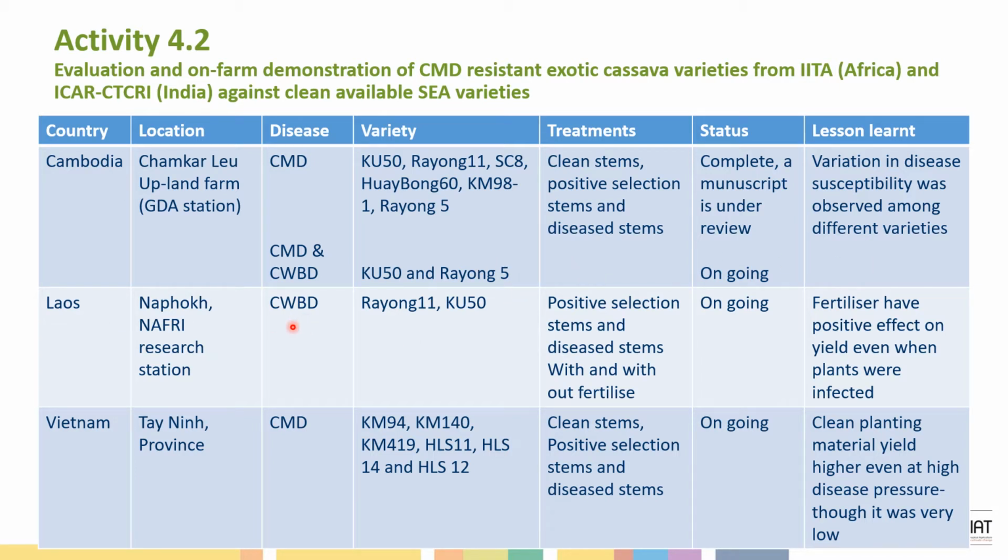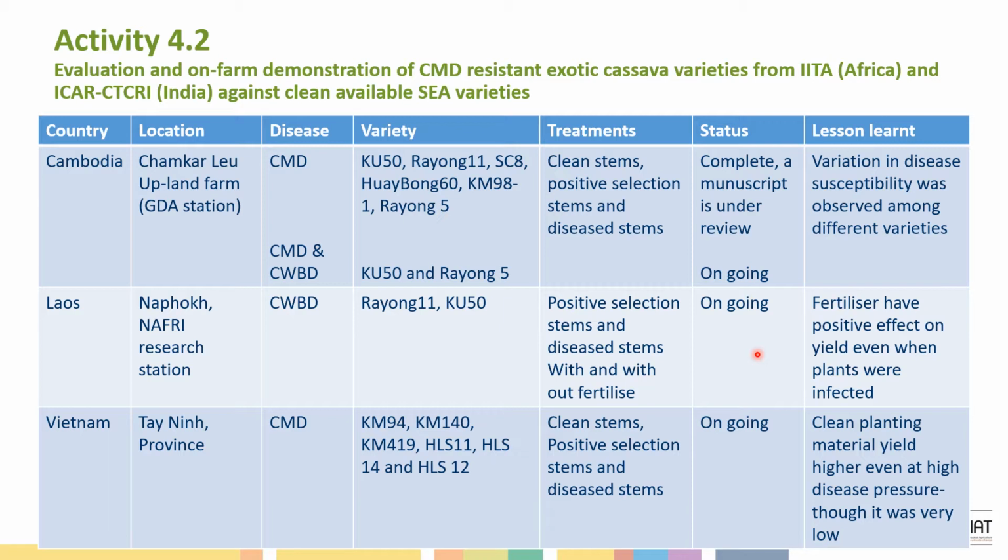For now, we are doing a CWBD experiment with Rayong 11 and KU50, and we have a fertilizer treatment in there. We did see a positive effect of fertilizer on the yield, but we didn't see much on the infection rate, whether the fertilized plots are more infected or less infected.